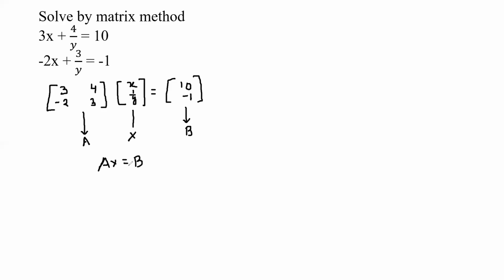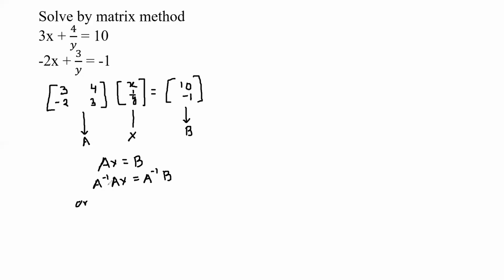Now what we need to do is pre-multiply by the inverse of A. So it will be A inverse A X, equal to A inverse B. We just pre-multiply on both sides by A inverse, right?